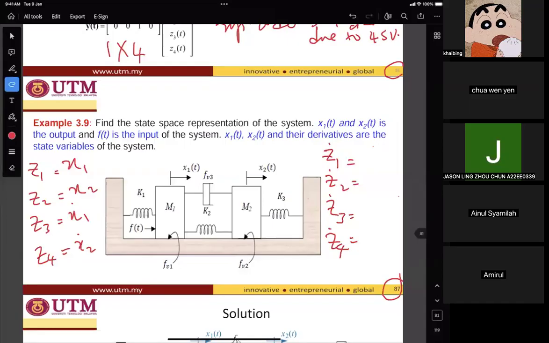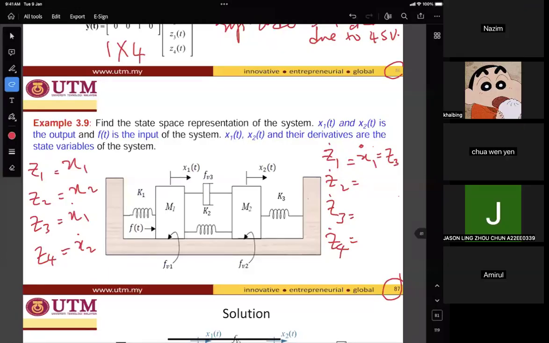What is the first state variable, derivative state variable? X1 dot equal to z3. Amirul?